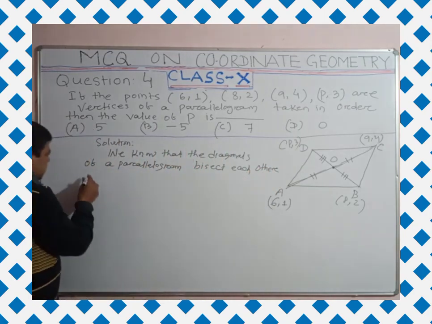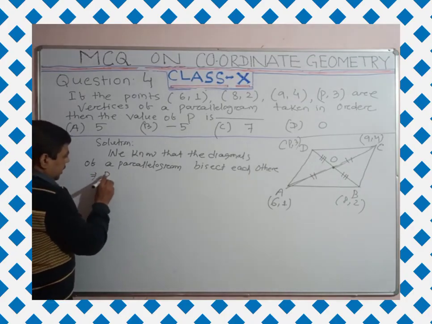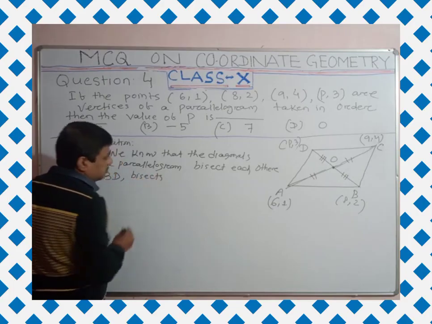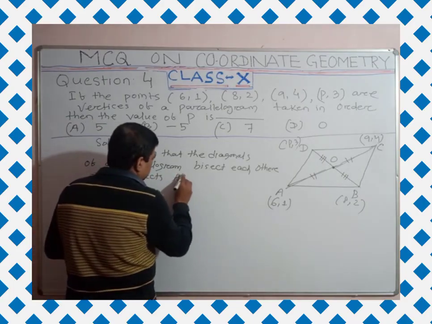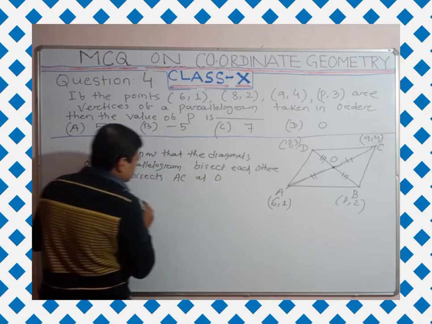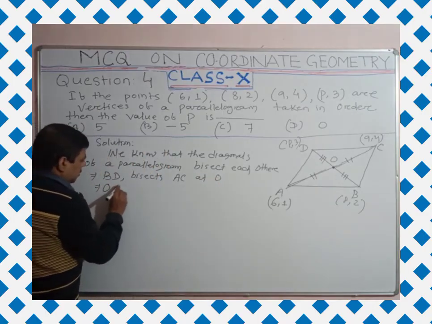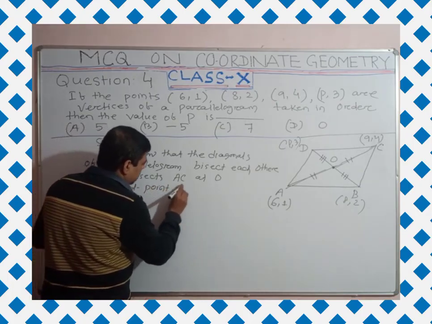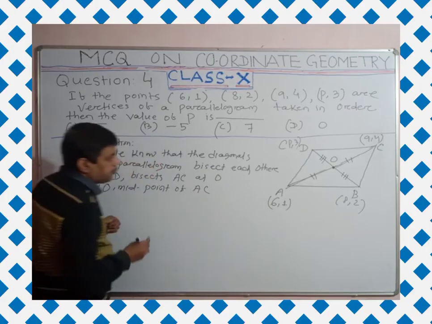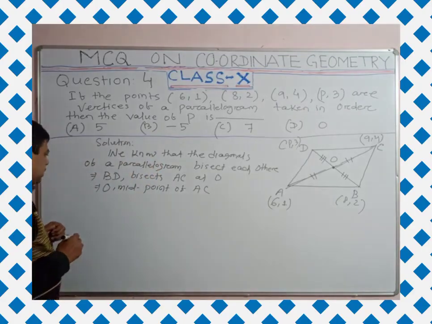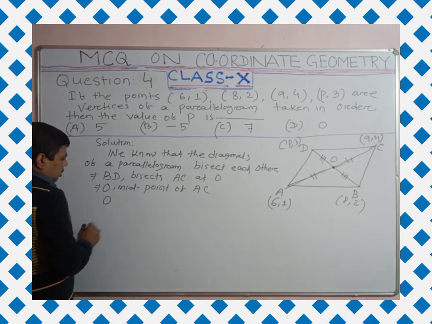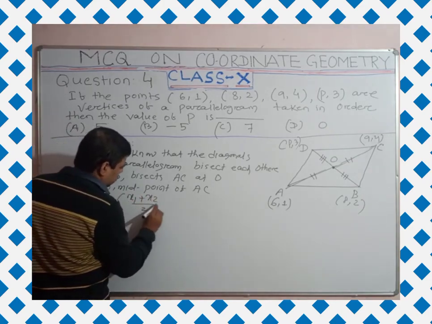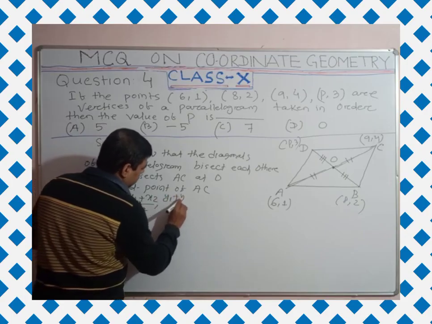That implies the diagonal BD bisects the diagonal AC at the point O. That implies O is the midpoint of the diagonal AC. So using the midpoint formula. What is the midpoint formula? The coordinate of the midpoint is (x1 plus x2 upon 2, y1 plus y2 upon 2), all of you know.